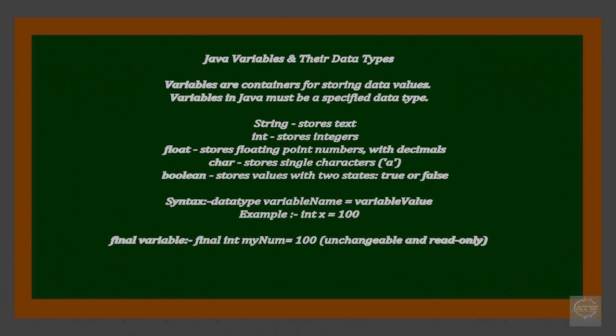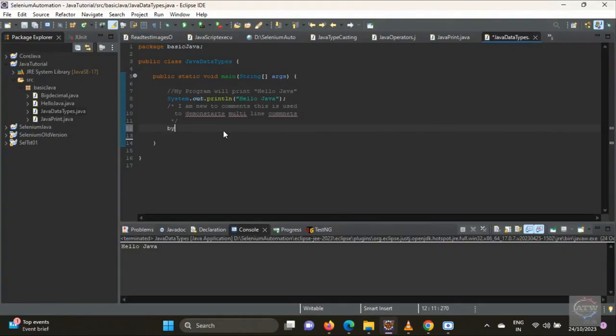Let's come to our console. What we have defined: first is the data type, second is the variable name, and the variable name should make some sense, and then a semicolon. What exactly does the semicolon do?